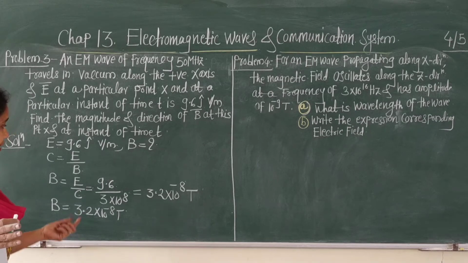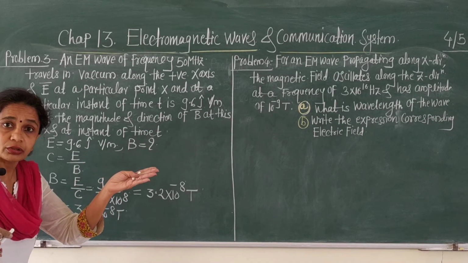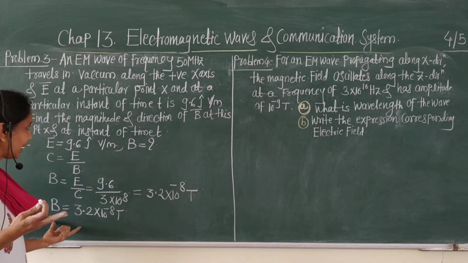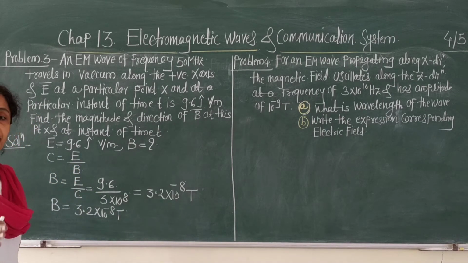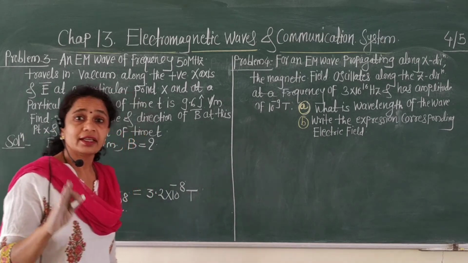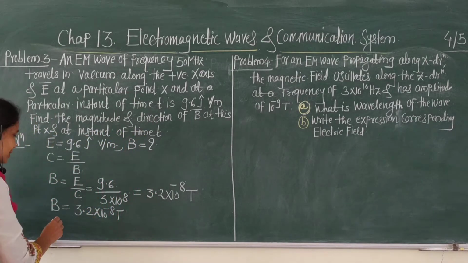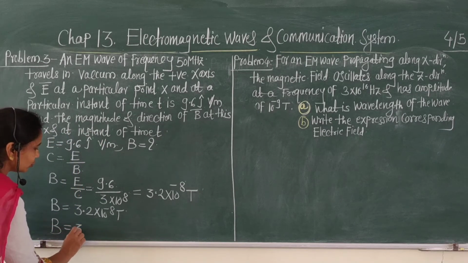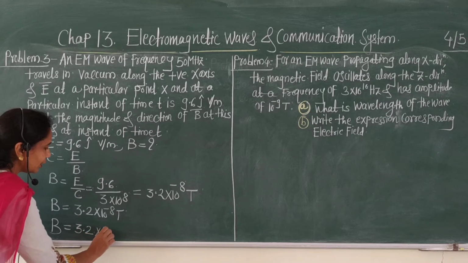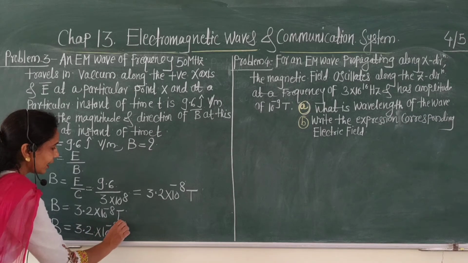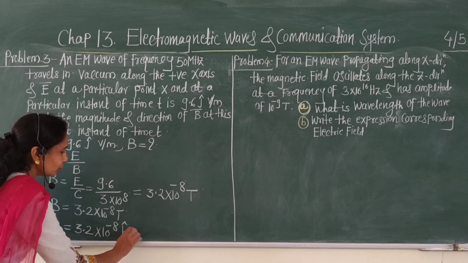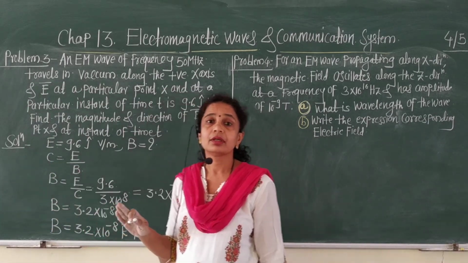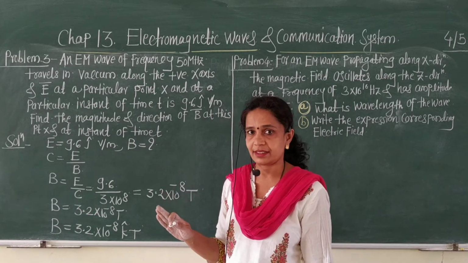Because the wave is traveling along the x-axis and the electric field is along the y-axis, the magnetic field is along the z-axis, and its magnitude is given by B equal to 3.2 into 10 raised to minus 8 k vector Tesla, because it is along the z-axis.